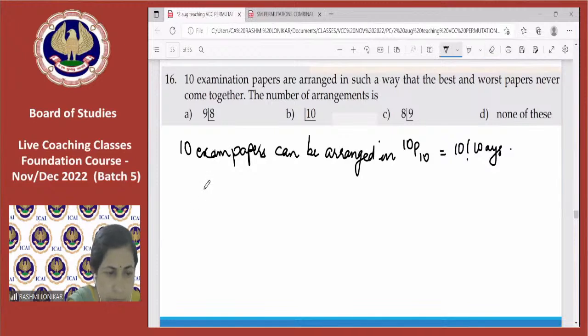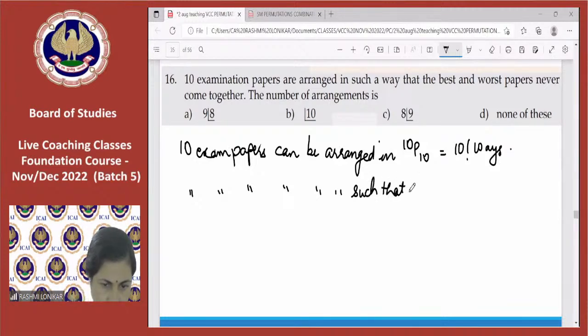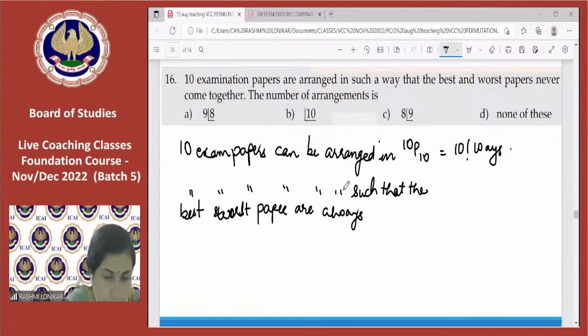Okay, so exam papers can be arranged such that the best and worst paper are always together is how much?